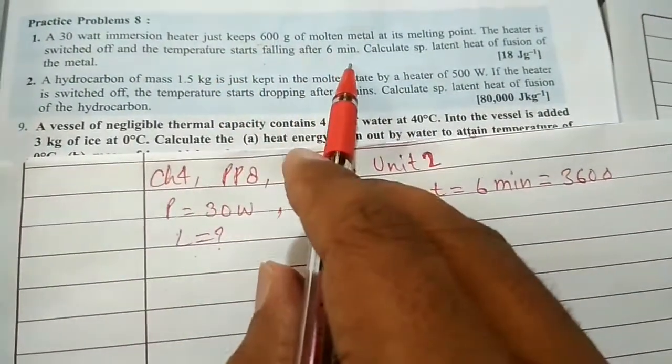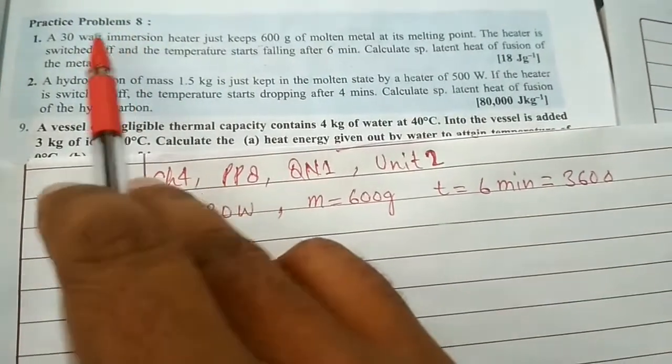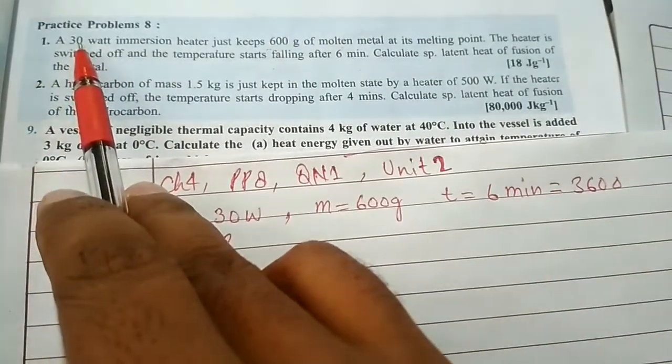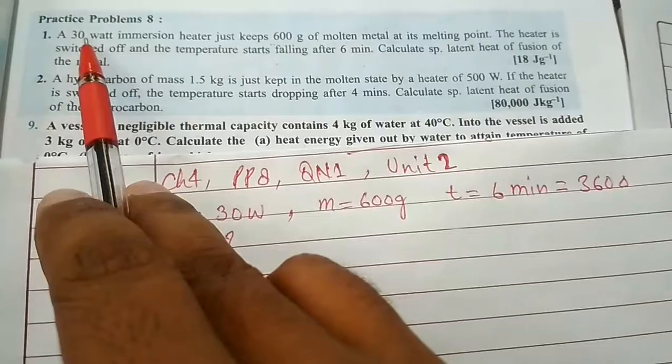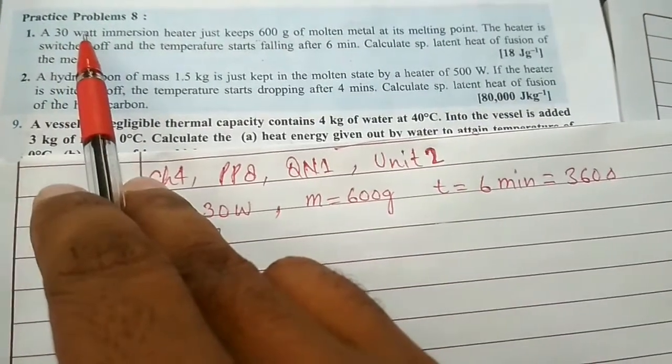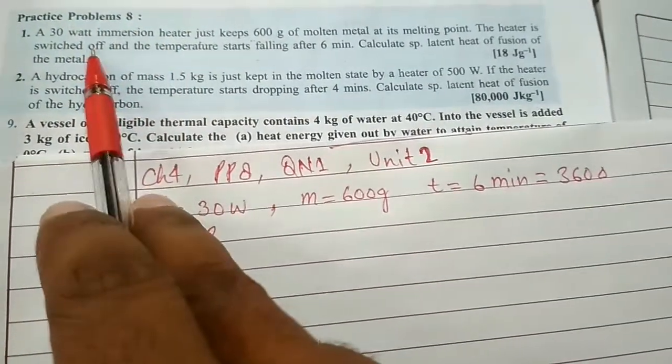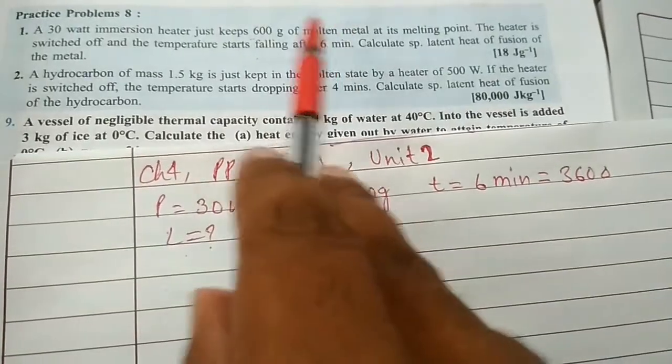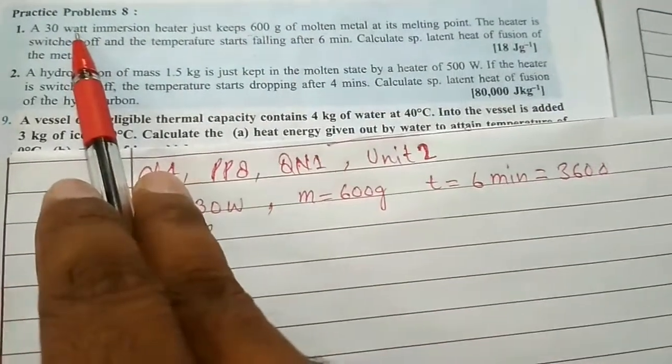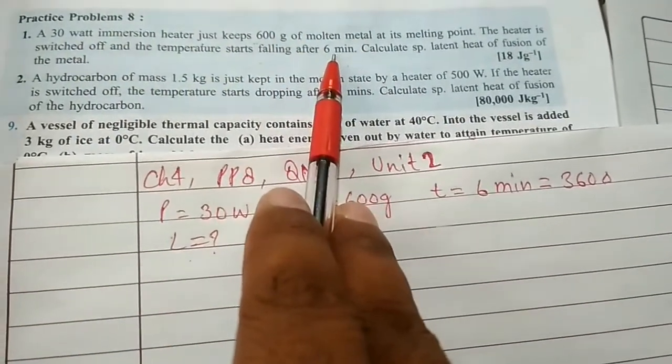So in 6 minutes, it was taking heat with the power of 30 watt. 30 watt means 30 joule per second. Same way, when it is switched off, this molten metal will radiate 30 joule every second. So for how much time? For 6 minutes.